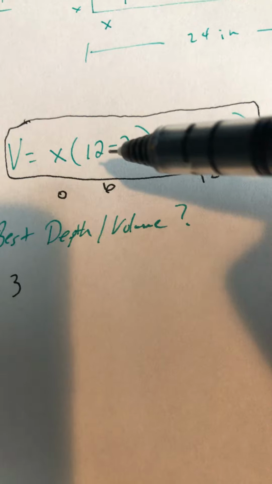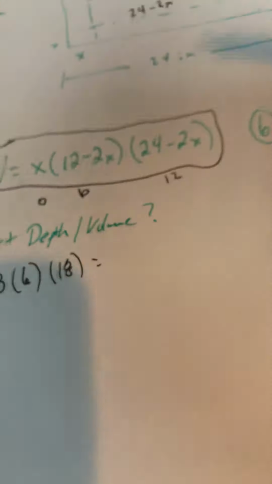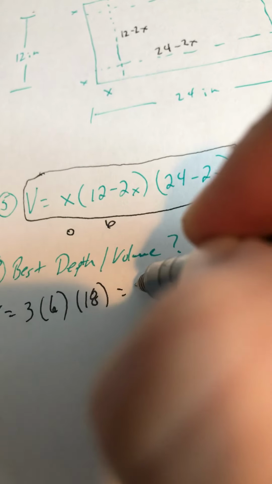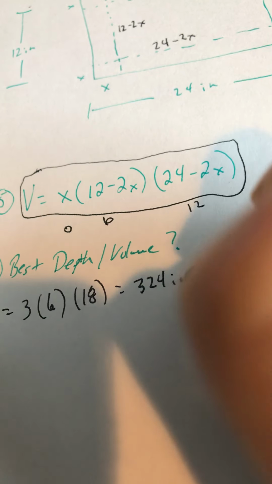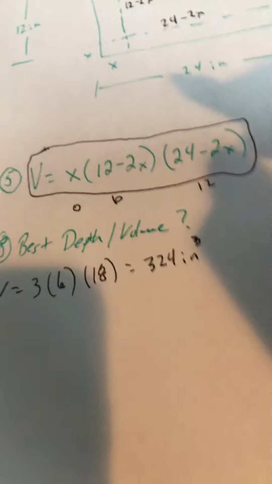So here I get 12 minus 6, so that's 6. Here I get 24 minus 6, which is 18. So if I do the multiplication, 3 times 6 is 18. 18 times 18 is 324 cubic inches. So now I'm going to check it when it's 4.